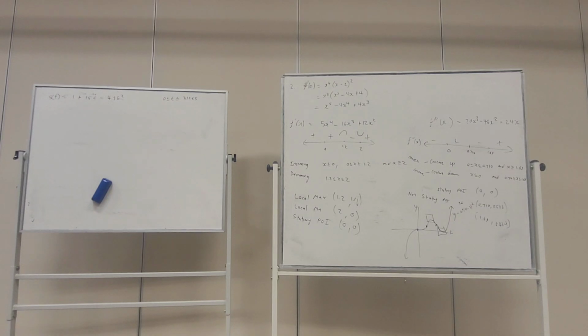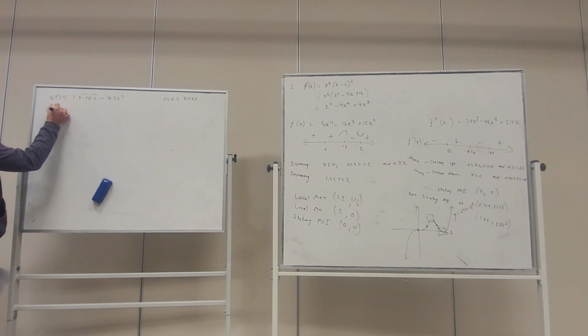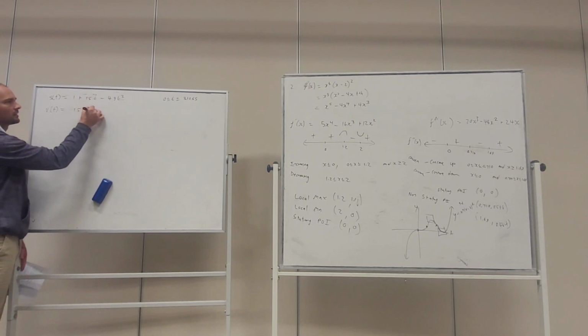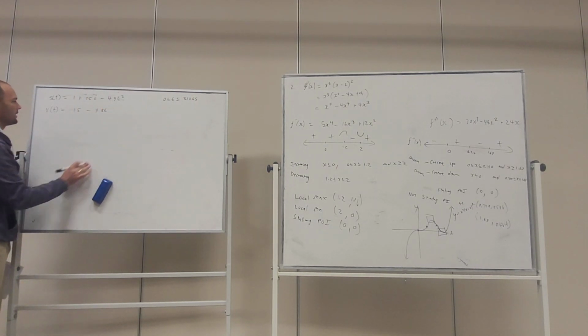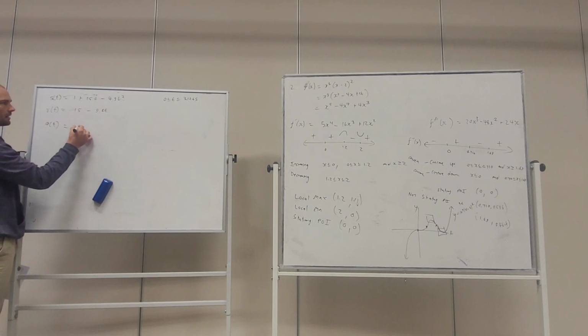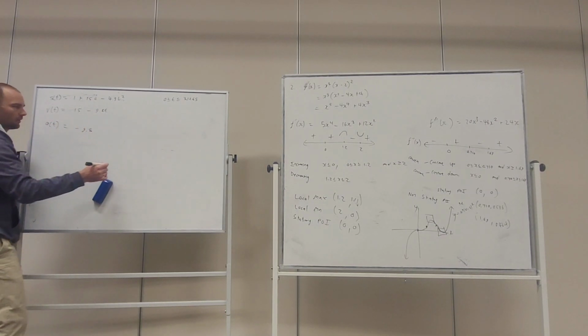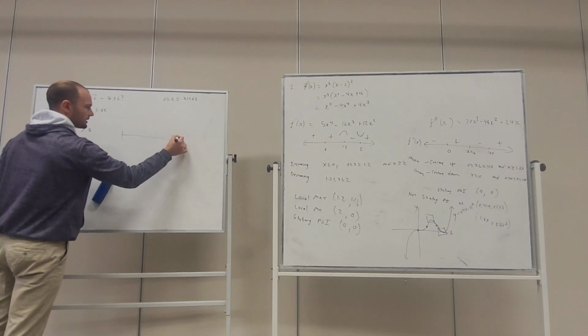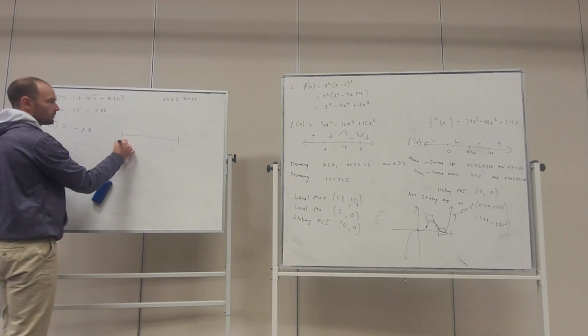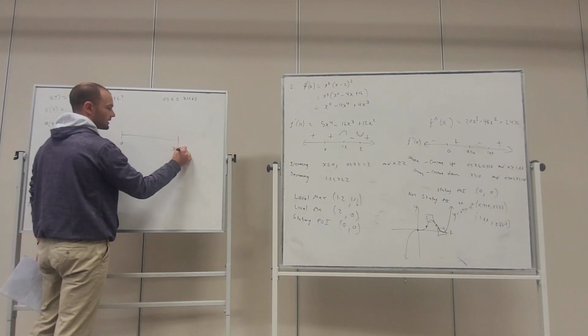Find the velocity and acceleration functions and draw their sign diagram. Velocity is the derivative of displacement, so we'll just differentiate this. Then acceleration is the derivative of velocity, so we'll differentiate that. We only consider positive values of time, and we're sketching from 0 to 3.1265.